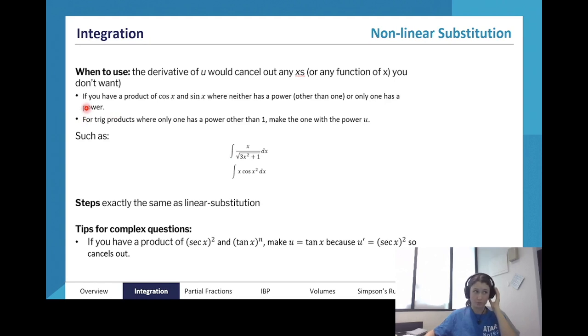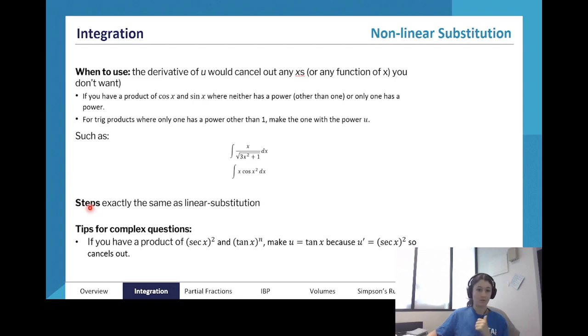Ignore these two dot points here for now. These are more tips for complex questions we'll get into later. The steps are exactly the same as linear substitution, and we'll get into an example now.